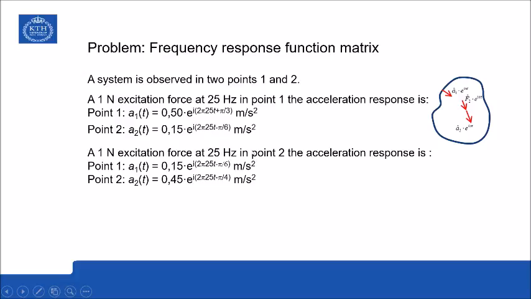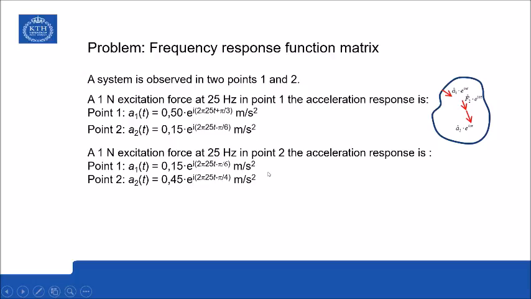One can also note here that the sort of cross terms, that is the response in point 2 to a force in point 1, is exactly the same as the response in point 1 to a unit exciting force in point 2.